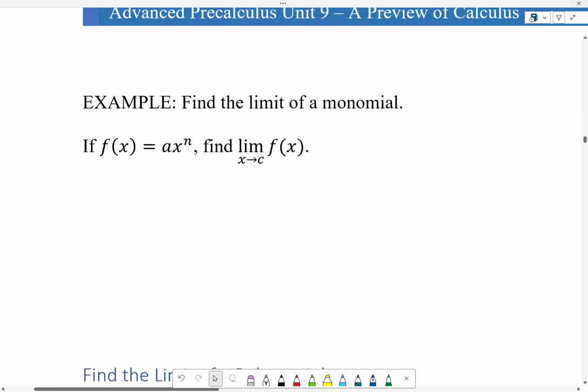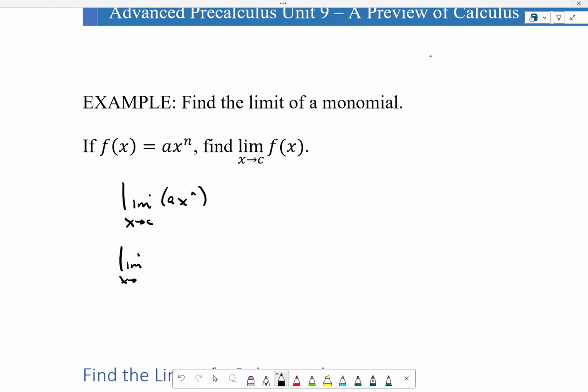Let's kick it up a notch, finding the limit of a monomial. A is a constant. In x to the n, n just represents some natural number. So in order to do this one, first I'll write it as intended: limit of ax to the n. How many different limit statements should I break this up into? It makes sense, n plus 1. One for the a.